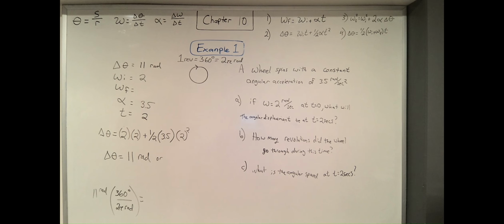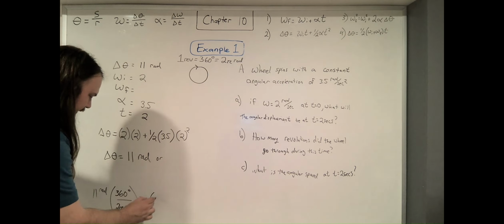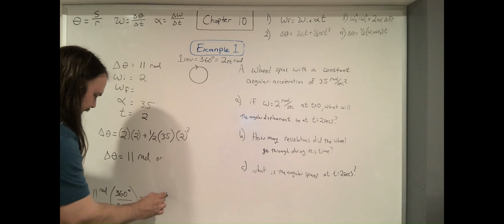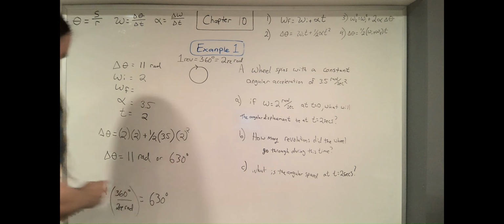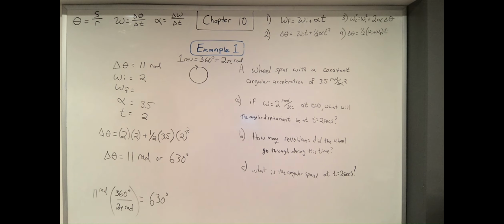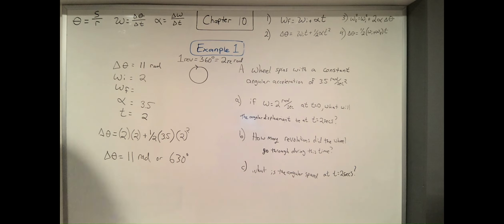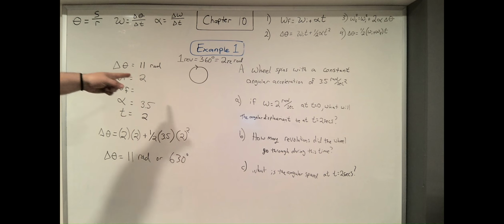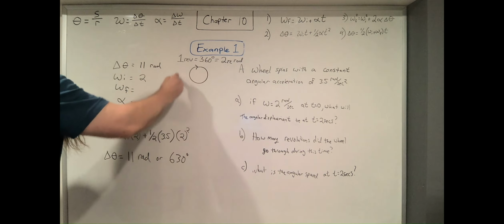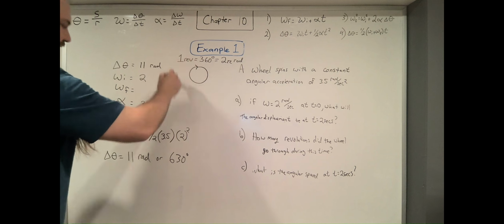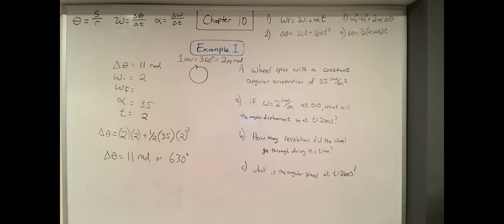It's around 630 degrees. Okay, maybe that feels better to you, 630 degrees. Roughly the same. We did have to round a little bit on the degrees, but there are 11 radians or 630 degrees. Hopefully that makes sense. That's the displacement. It went through 11 radians, or it went through 630 degrees of rotation.